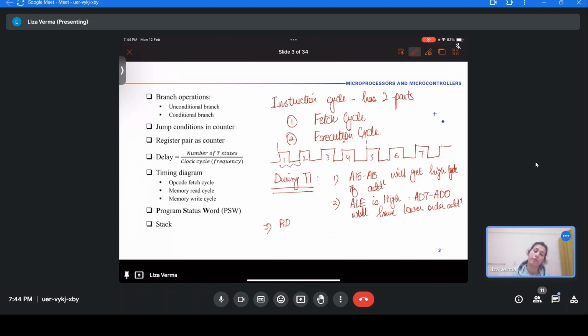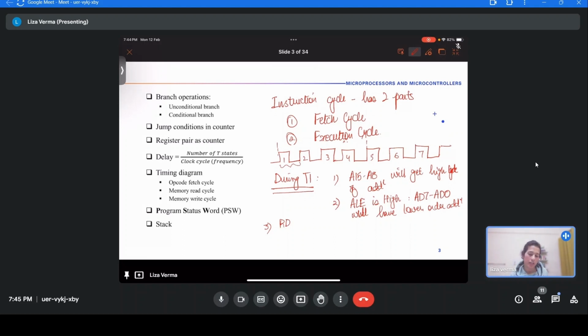The microprocessor is reading the address from the instruction, right? So what should the read signal be? Read is enable low.